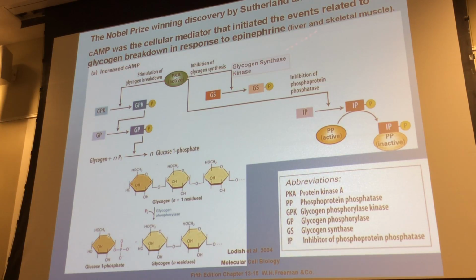And at the same time, you don't want your cells making more glycogen. So you have to have a shutdown. So over here, the PKA is stimulating glycogen synthase kinase. So the way we name proteins is you generally take whatever the substrate is and then whatever the cell is doing with that substrate. So a kinase is going to be phosphorylating the substrate, glycogen synthase.